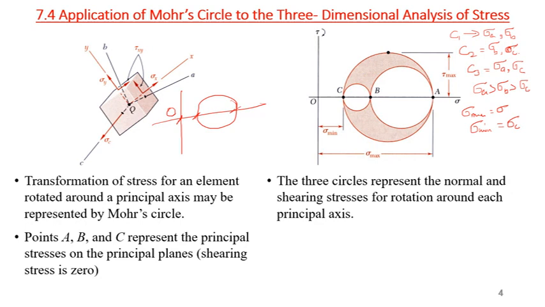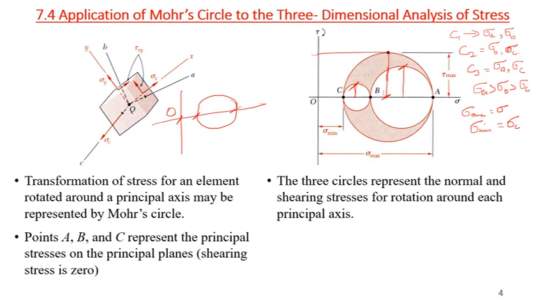Now, we have a maximum shear stress given by the radius of the circle between A and B, right? There can be a maximum shear stress between sigma C and sigma B, that is the radius of this circle, and there will be a maximum shear stress between A and C, and that will be the overall maximum shear stress in the system.